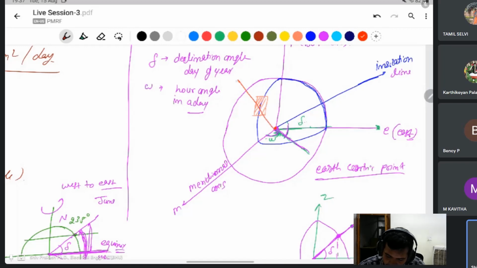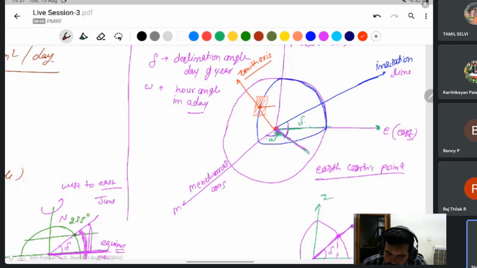This axis is defined as the zenith axis. The zenith axis is the central normal to that surface, and it is also combined with the center of the earth.